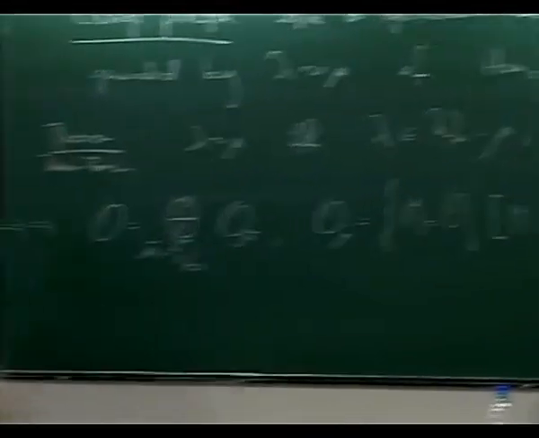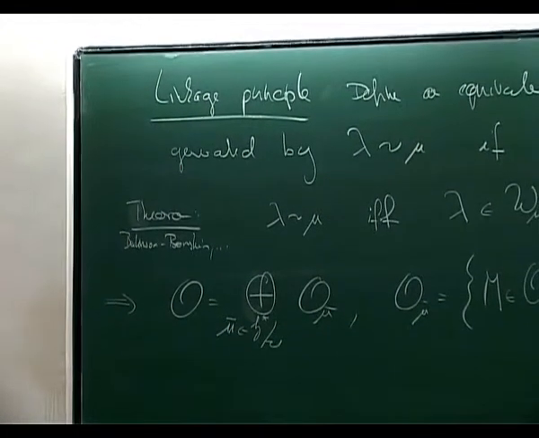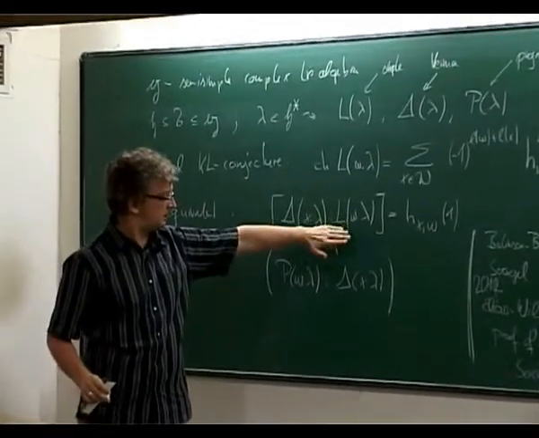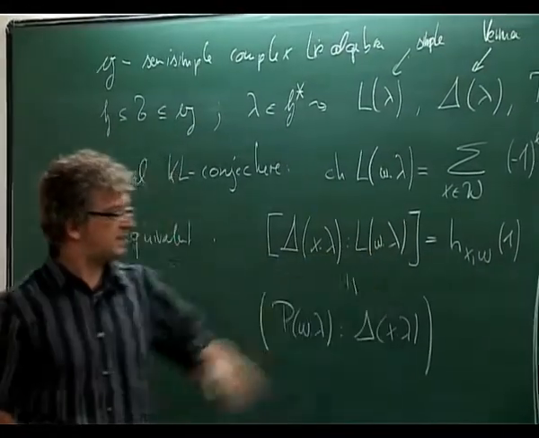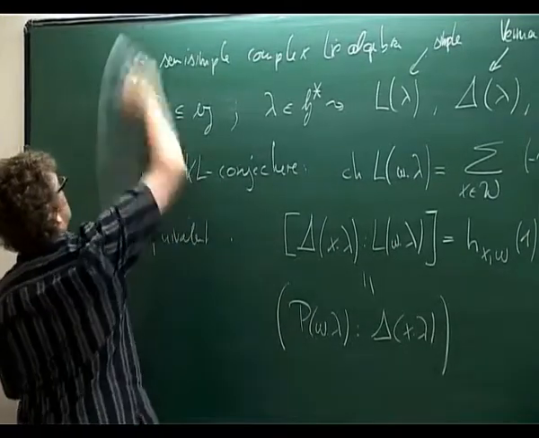Okay, so this is the linkage principle, and it very well fits this description, because you see here, this in particular says that the only subquotients in the Verma module have highest weight in the same orbit. That's kind of reflected in this block decomposition.